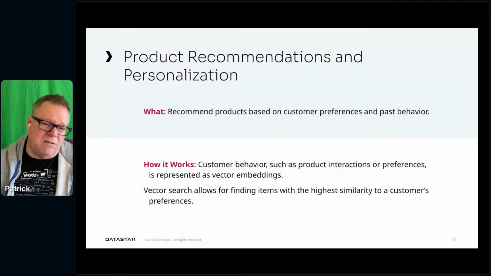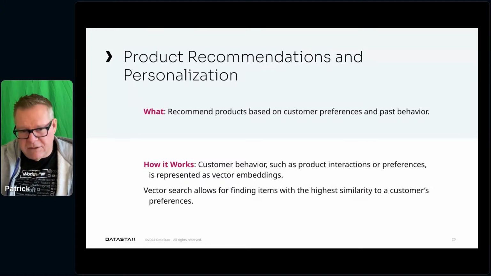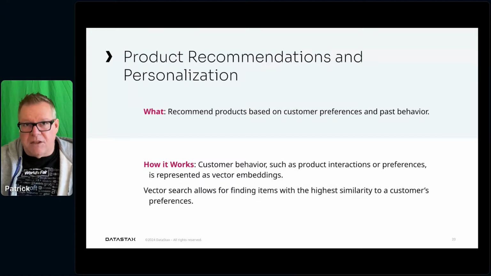I'm going to start with the easy one, which is just product recommendations. We've done this with inference before. Predictive analytics has been doing this for a long time, and it's harder on transactional. There's lots of ways to do it in transactional workloads, but with vector search, you can do a really easy, quick product recommender.